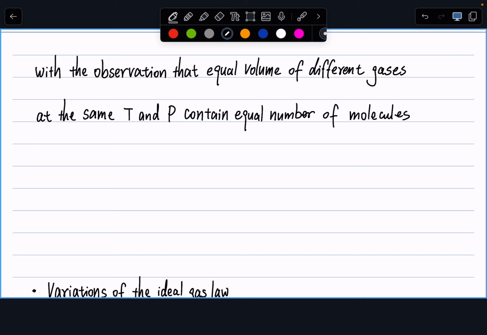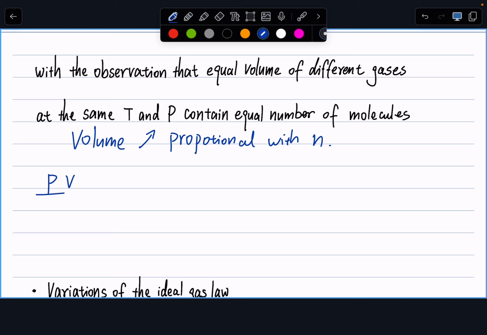Or the other way to put it is that your volume is going to increase proportionally with your number of moles, which is N. So putting that number of moles into our relationship here, we get pressure times volume divided by number of moles times temperature equals your constant. And that is our ideal gas constant, R.